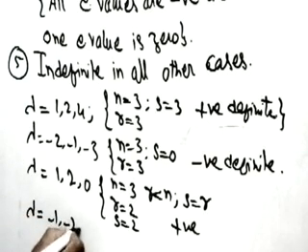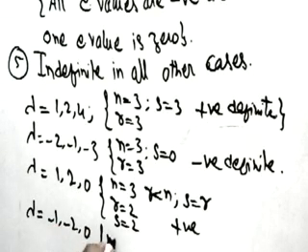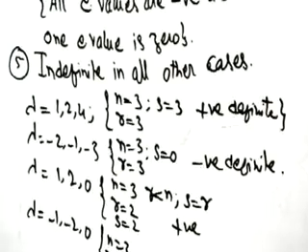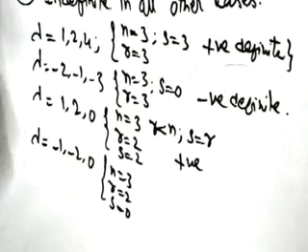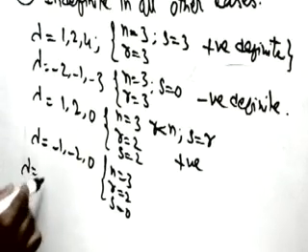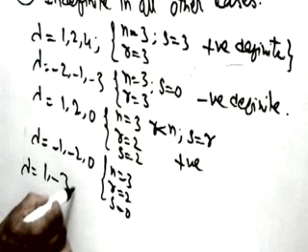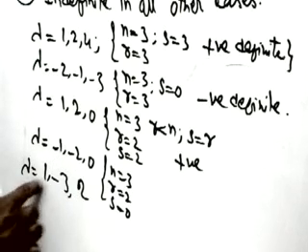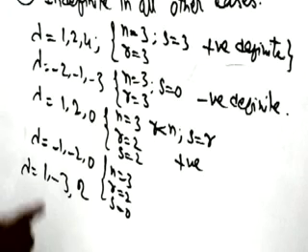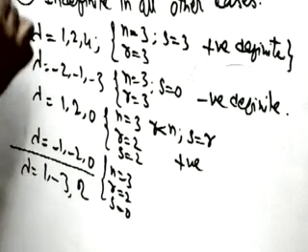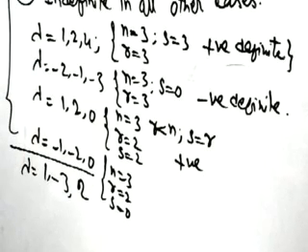Suppose you get lambda equals minus 1, minus 2, 0. Then n equals 3, R equals 2, S equals 0. So this is negative semi-definite. If you get other than this, suppose lambda equals 1, minus 3, 2. 2 are positive and 1 is negative. So this is not any of the above 4 cases.